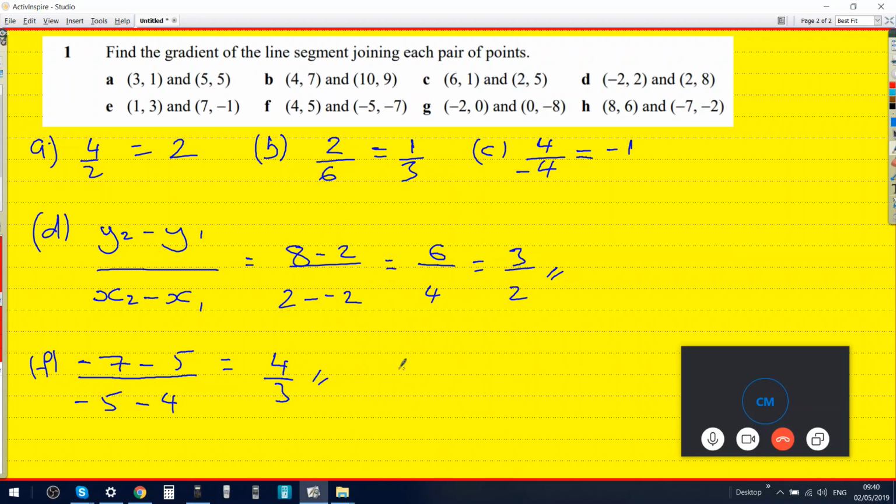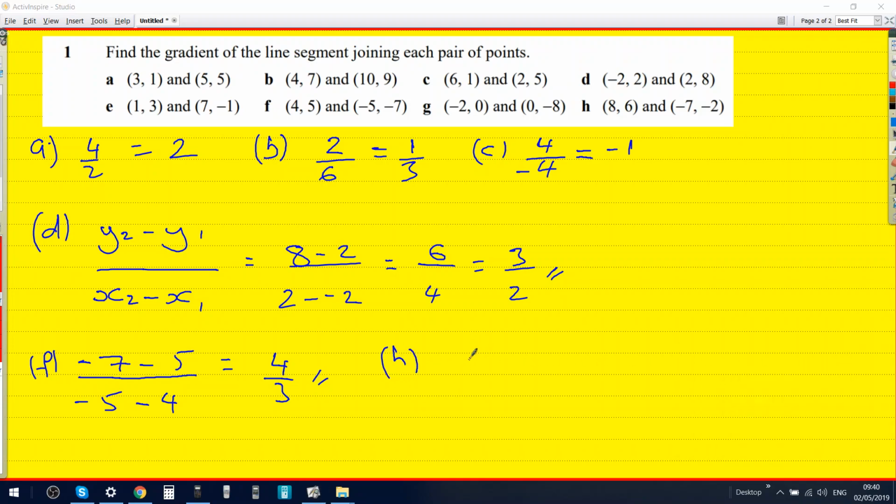And let's say H, last one. Minus 2 minus 6 over minus 7 minus 8. You just put it in your calculator and it gets simplified.